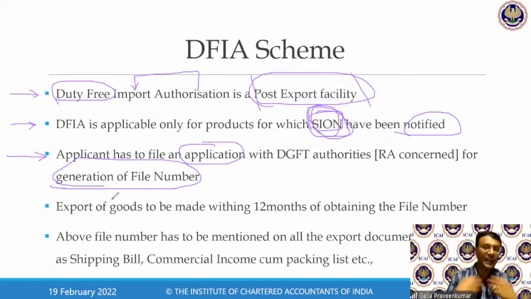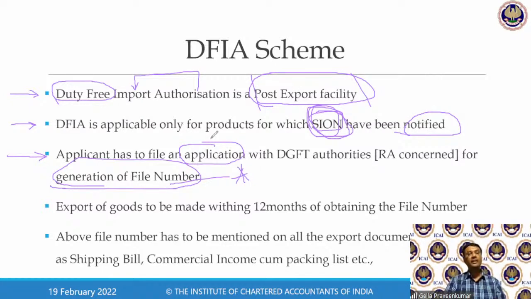I file an application with the authority saying that I do this process, this is my SION, and I want to go for DFIA. Once I declare to the authority, that RA will give something called a file number. Now, this file number is important for me.